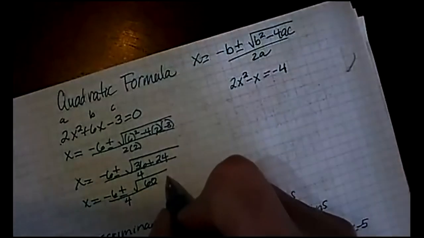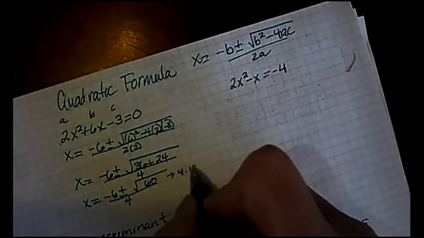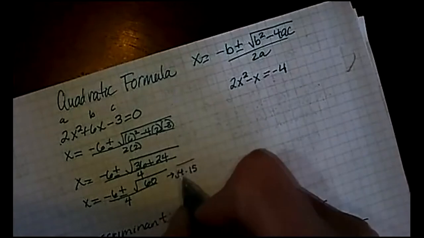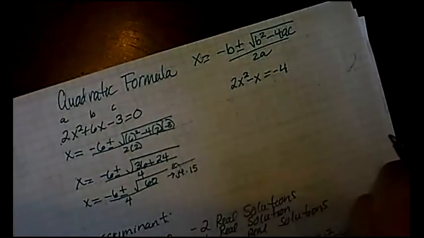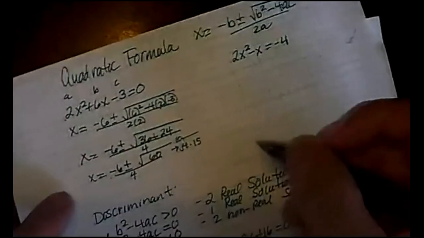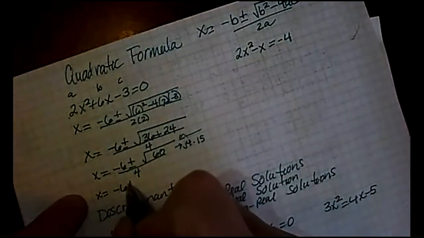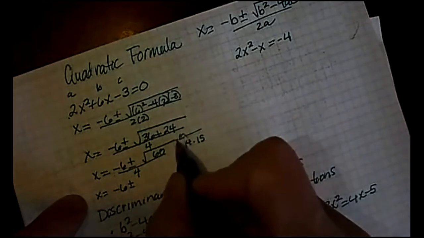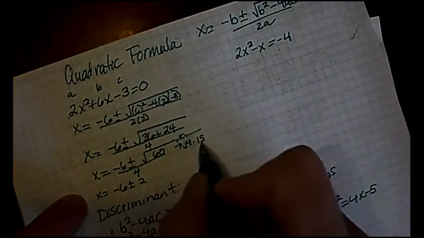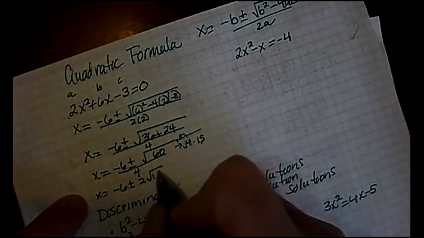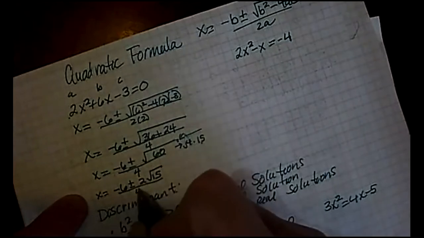So this is the same thing as 4 times 15. I have this perfect square, so I can bring that out. I'm going to be left with negative 6 plus or minus, I'm going to bring this 2 out, so I have a 2 and a 15 left underneath, all over 4.